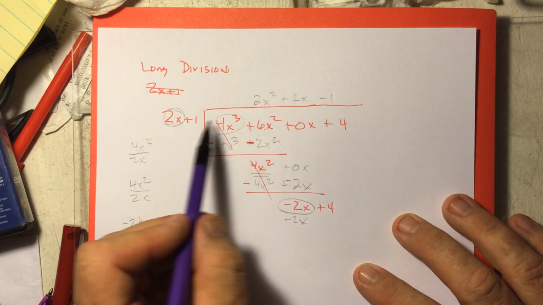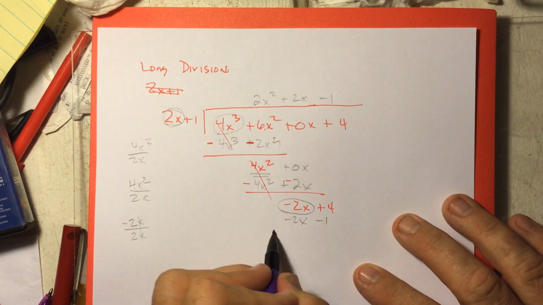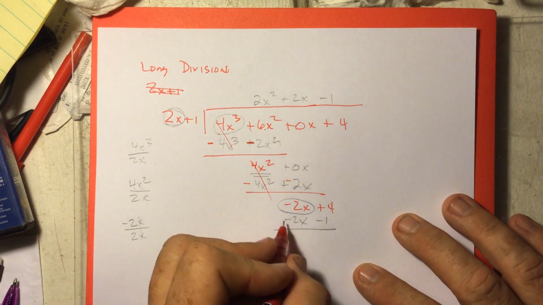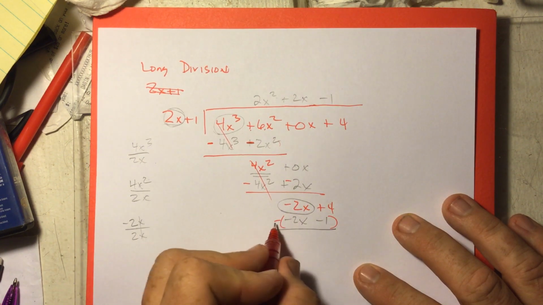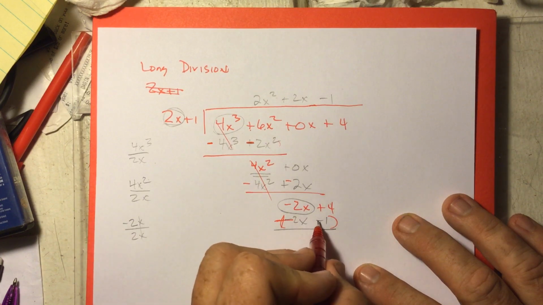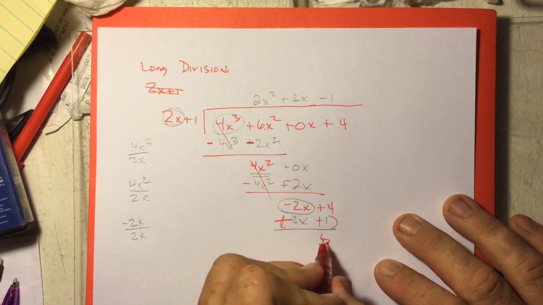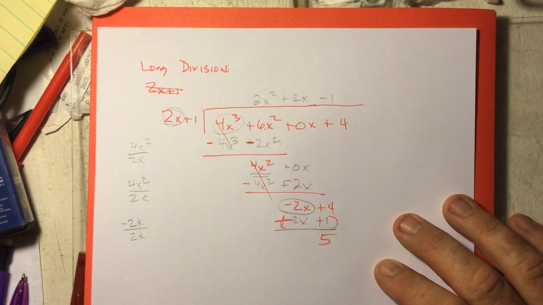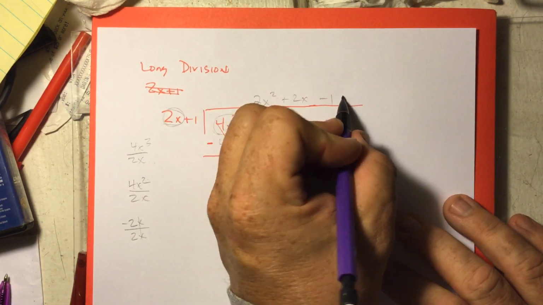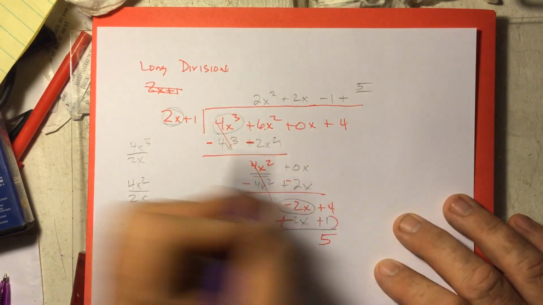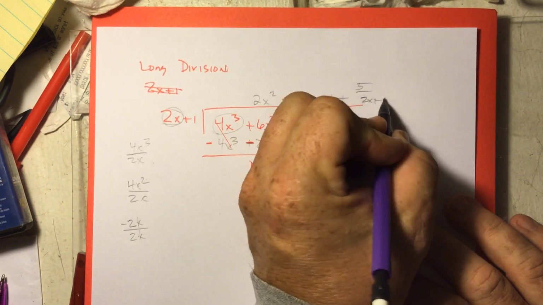Negative 1 times 1 is negative 1. We're going to subtract them. So this becomes a positive. This becomes a positive. So I get 5. So now I've got plus 5 over 2x plus 1.